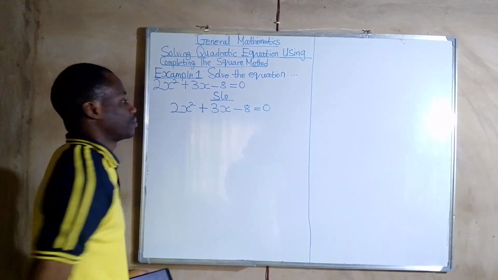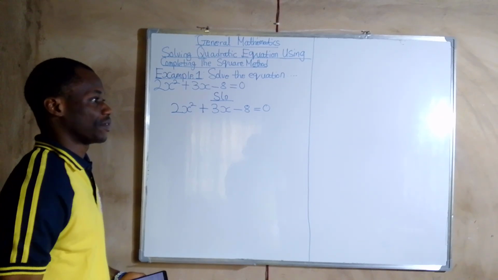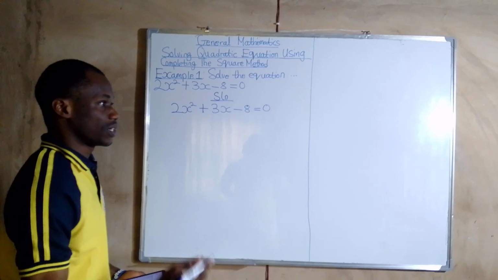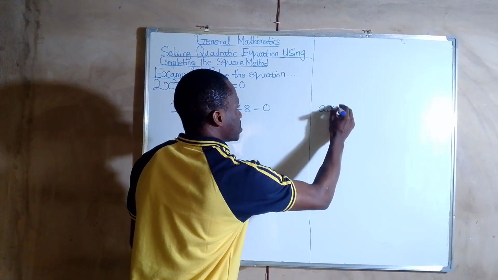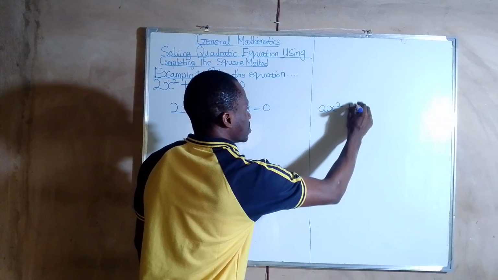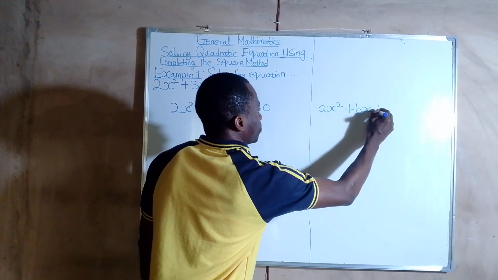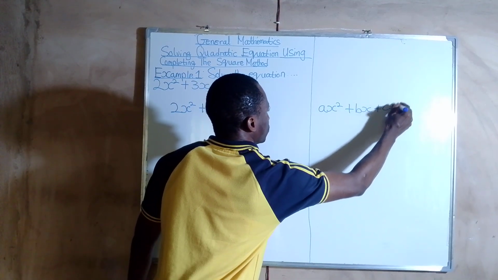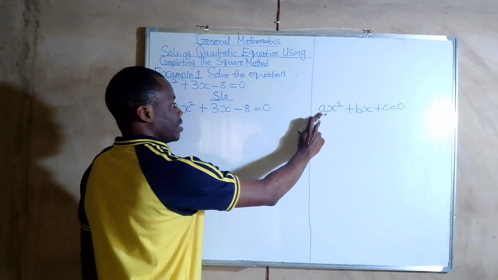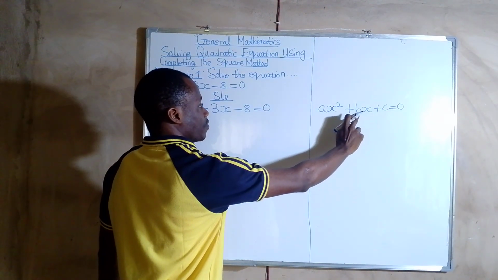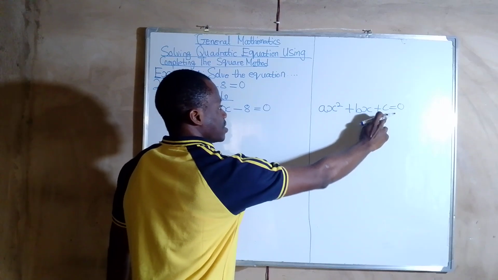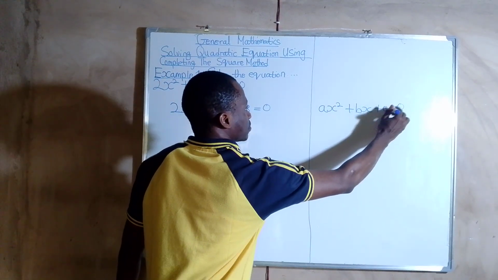0. Now, if you remember the general form of a quadratic equation, it is ax squared plus bx plus c is equal to 0. So a is the coefficient of x squared, while the coefficient of x is b, then c is a constant.